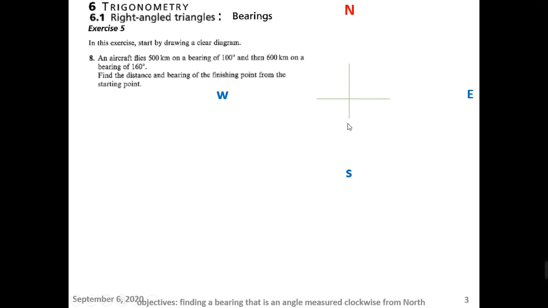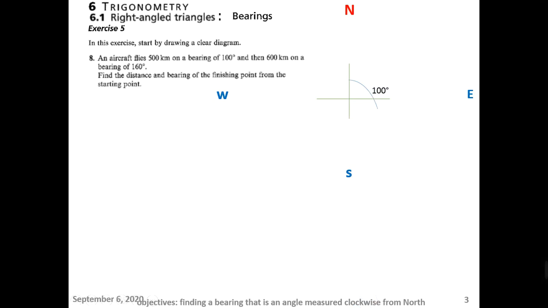So the bearing will be measured from the north. So you're going to place your compass on the y-axis and the center of your compass at the origin point, and you're going to measure from here 100 degrees, just as following, 100 degrees.